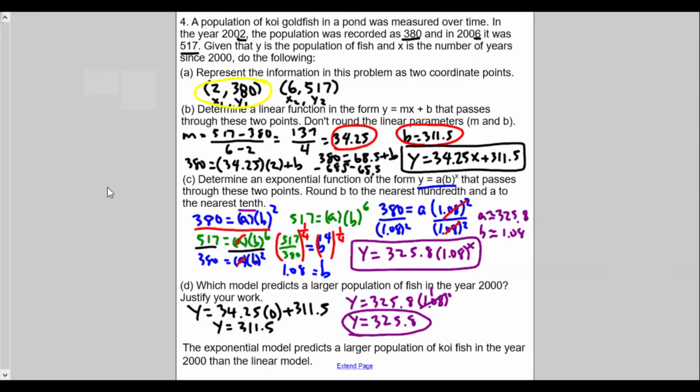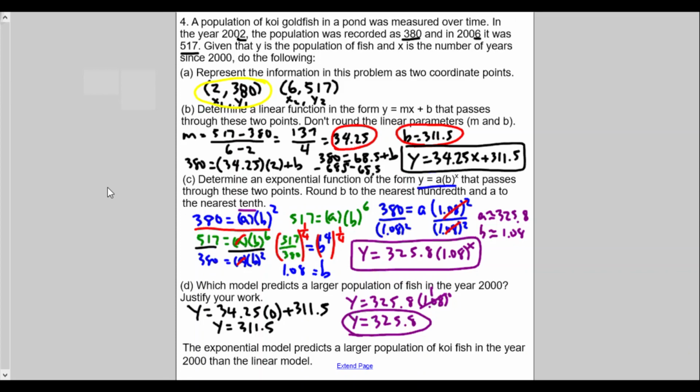All right, ladies and gentlemen, hope this has been helpful. These are types of word problems you should expect to see, maybe on our final coming up later this semester. In this case, first you have to find the coordinates based upon the words they give us. We found the linear function and the exponential function modeling these two coordinates.